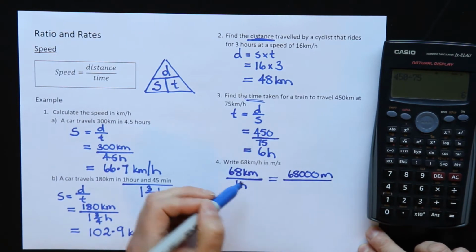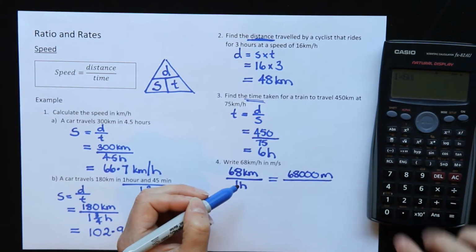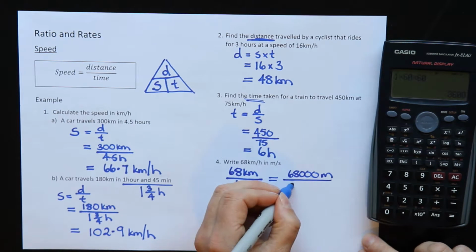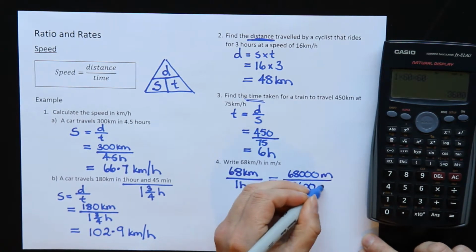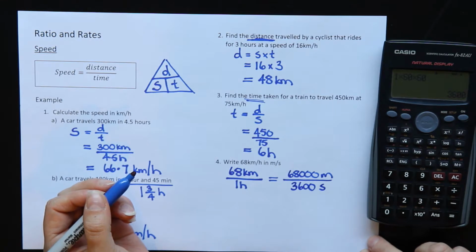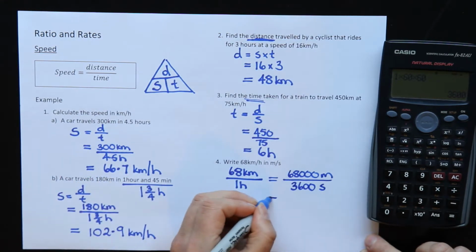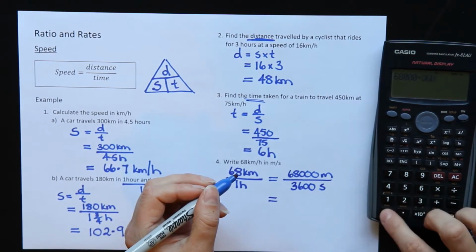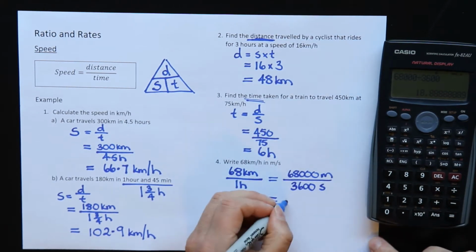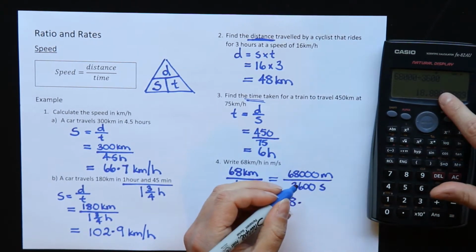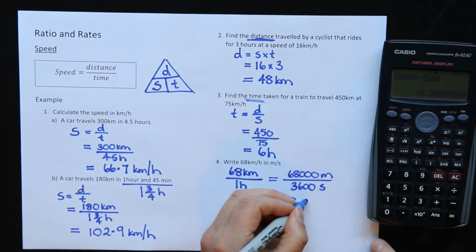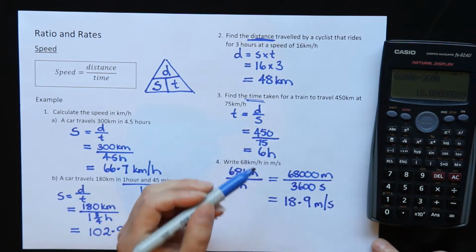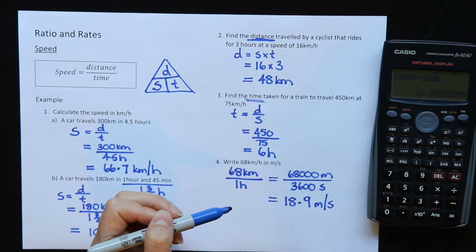To change hours into seconds, we have to times it by 60 to put it in minutes, and times by 60 again to get to seconds. So there is 3,600 seconds in an hour. Then we can divide 68,000 divided by 3,600, which gives us 18.88, so round it up, 18.9 meters per second. So 68 kilometers per hour is actually 18.9 meters per second.